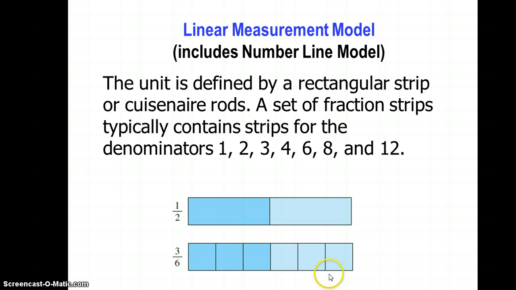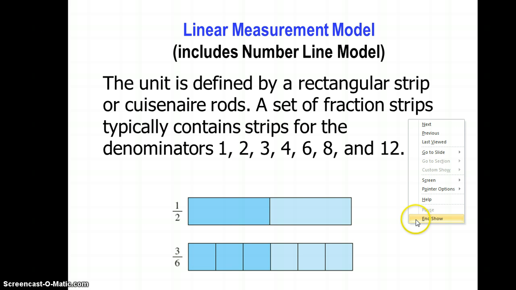Or this is your whole, again, see the same unit. This whole from here to here is the same as this whole. They're the same size, they're equivalent. This one is divided into 6, so the portions are, there's 6 of them, so the denominator is 6. And 3 of these are what we're looking at. So this is kind of shaded to represent 3 out of 6 or 3/6. And you see it's equivalent to a half.